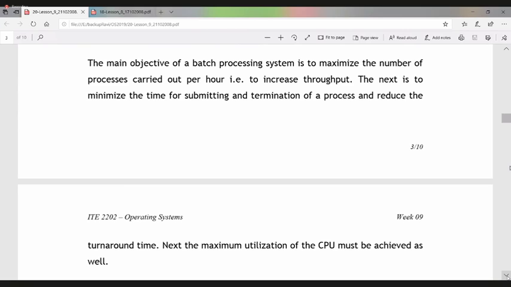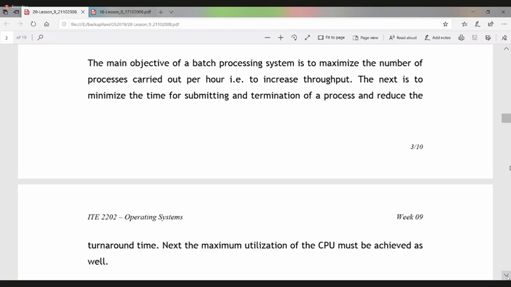So normally we select routine jobs, for example, salary calculation of a company. For all employees, there are similar routines, like how many leaves taken, you reduce that from the basic salary and so on. Right?